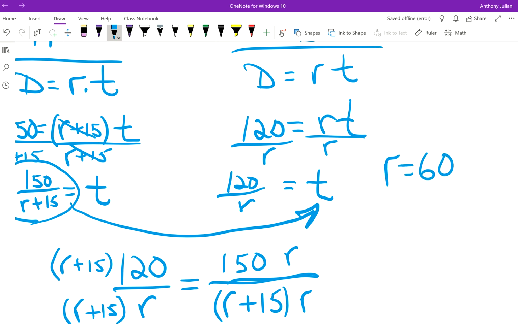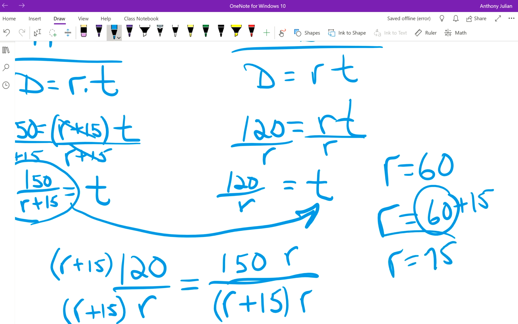The other is R equals 60 plus 15. That's what the R is for, that we're replacing here with 60. That's the reason why. So the second train is going to be 75. All right, and that's it for that problem.